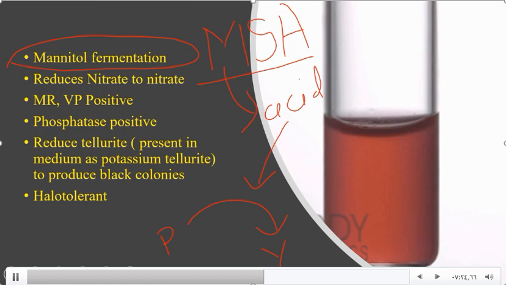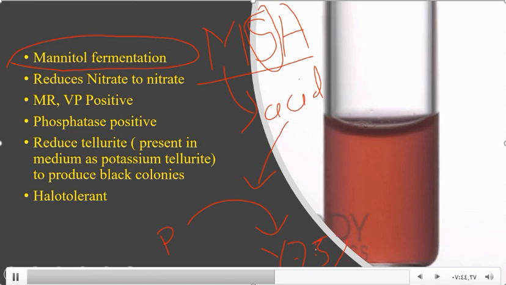The next term is the S, which stands for salt. Mannitol salt means there is the presence of 7.5% NaCl.